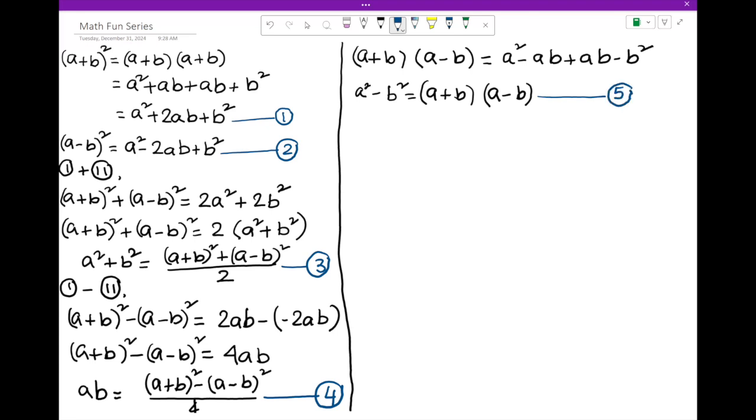One interesting use case for this formula is if you want to multiply two pretty large numbers.